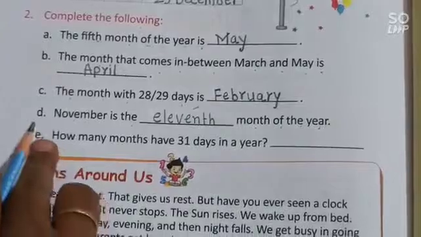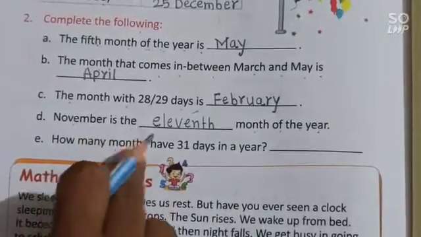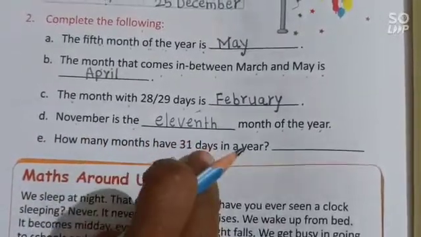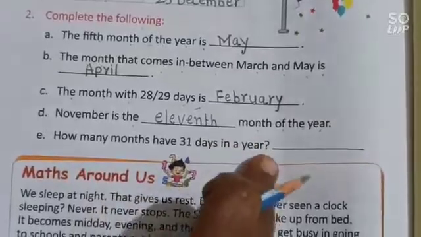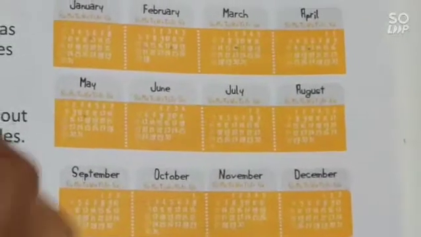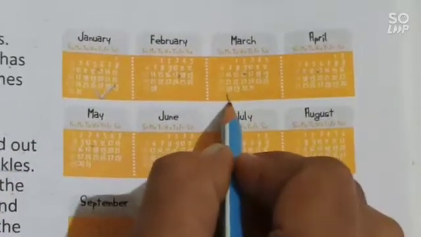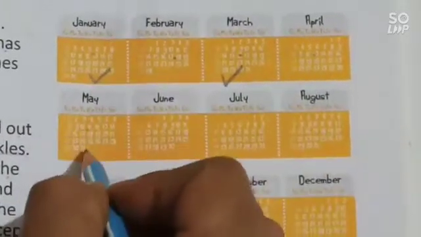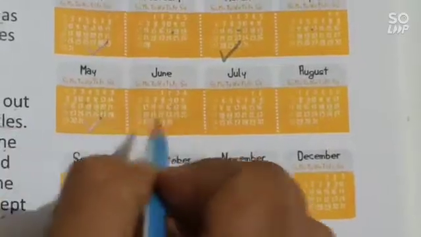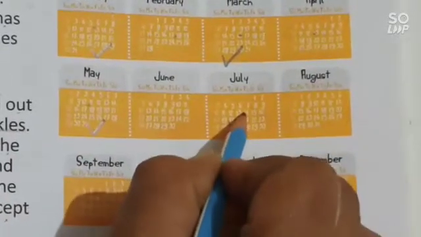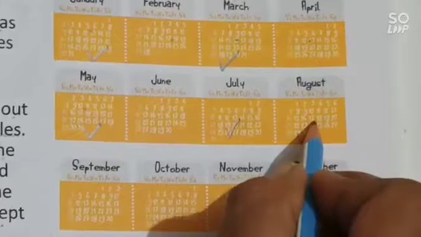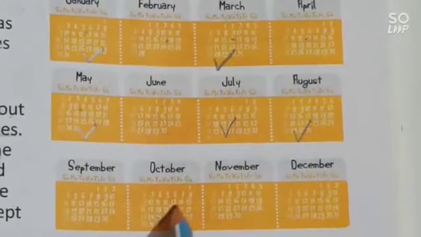And then, how many months have 31 days in a year? Look here. January, 31 days. March, 31 days. May, 31 days. July, 31 days. August, 31 days. October, 31 days.